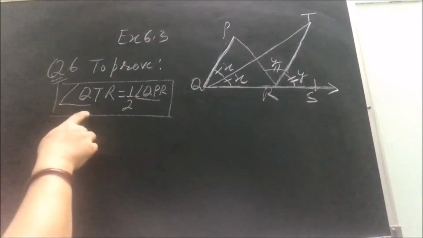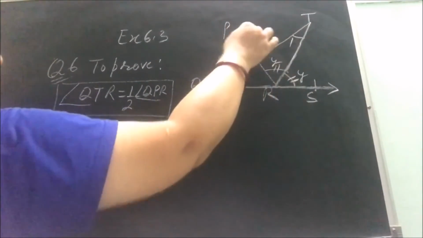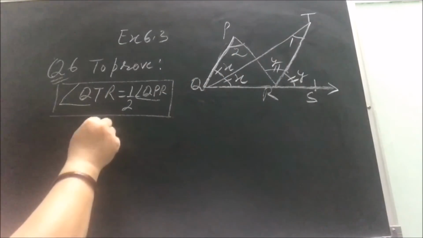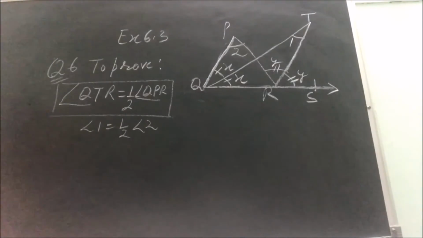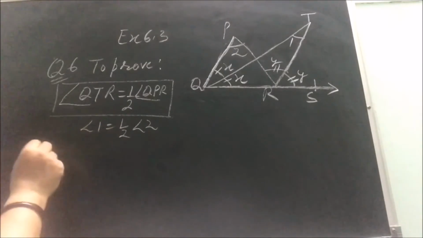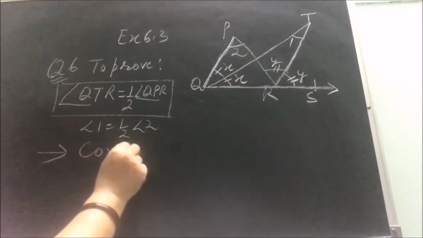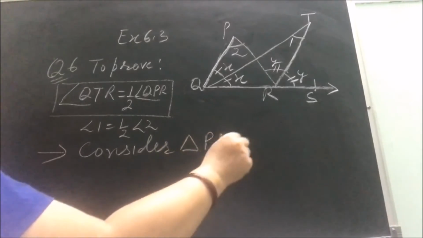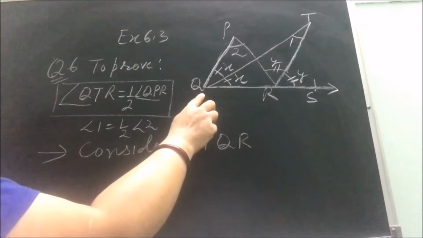Right? And QTR, we name this angle as 1 and this as 2. So QTR means angle 1 is equal to half times angle 2. This you have to prove, right? So first we consider triangle PQR. Considering this triangle, we are applying exterior angle property.